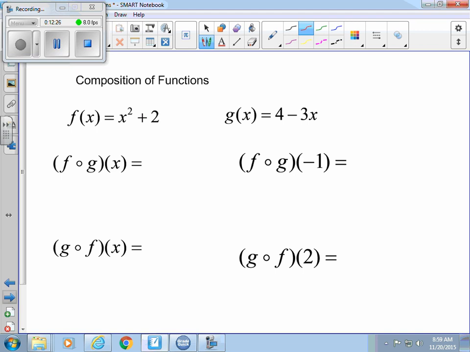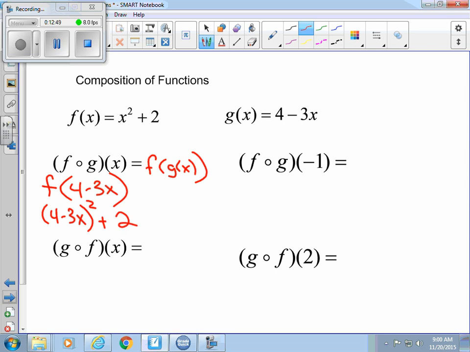Okay, F of g. I'm putting 4 minus 3x, which is g, into f of x. Right? And so I get 4 minus 3x parentheses squared plus 2.